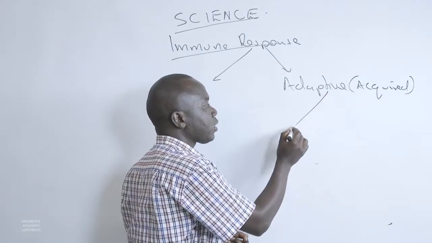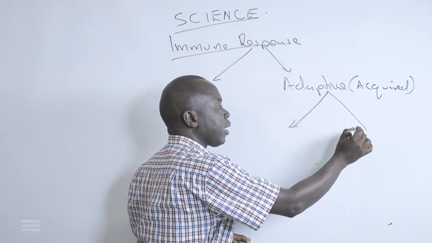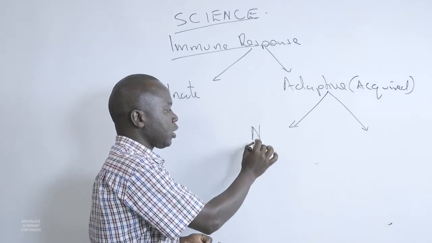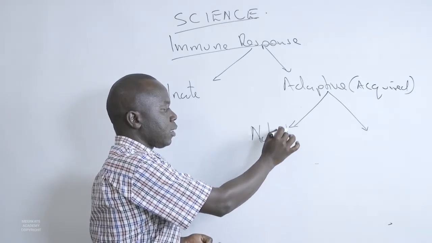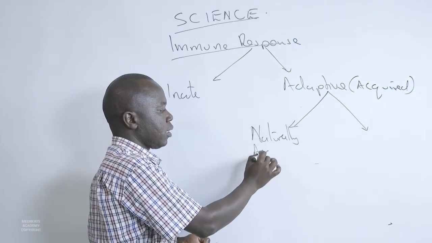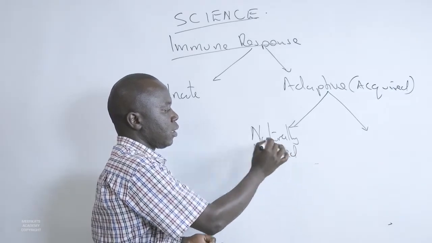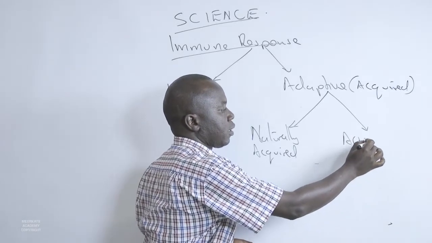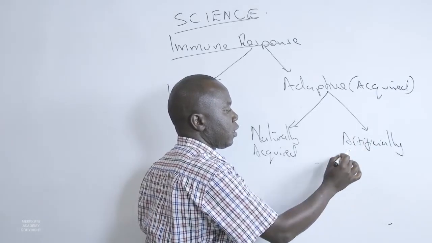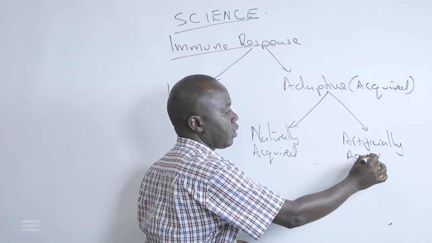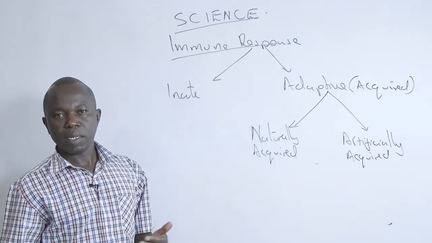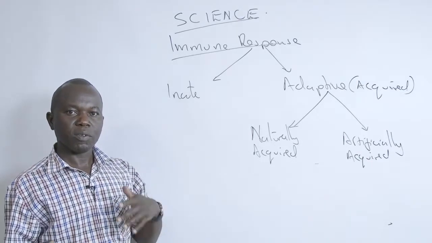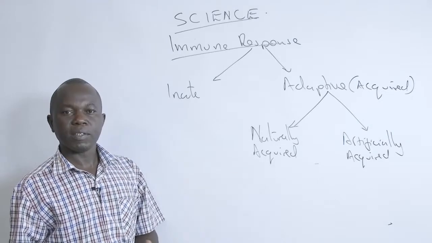So because of that, we were able again to classify adaptive into 2: naturally acquired and artificially acquired. For naturally acquired, the body is going to be attacked naturally by a pathogen. It will be invaded naturally by a pathogen.